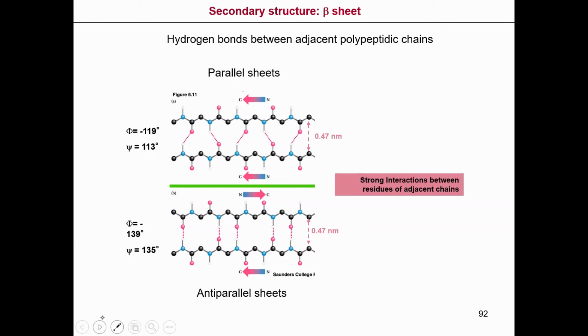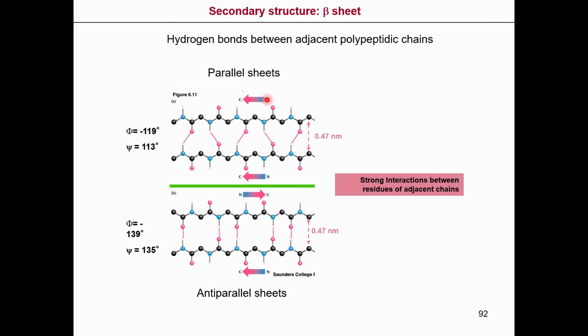Here, for the beta sheet, hydrogen bonds are between adjacent polypeptide chains. Okay, you have several chains. And now you have hydrogen bonds between adjacent polypeptide chains. And it's a different way from the alpha helix because there it was the same chain. Okay. You can have a parallel sheet.